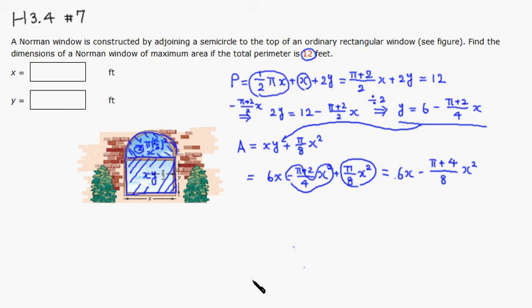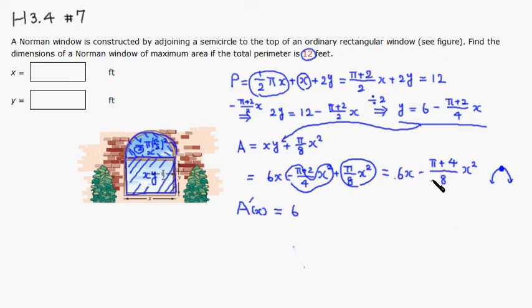All right. Since this is a concave down parabola, a facing down parabola, we know that the maximum is going to occur at the vertex, at the critical number. So let's find a critical number. This is an area function in terms of x, and we take the derivative of that. The derivative of 6x is 6.